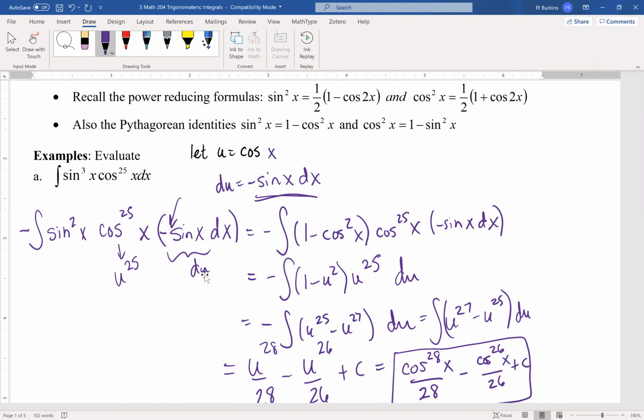I would do power reducing. Okay. Any other people want to chime in? Pythagorean. All right. Somebody want to break the tie here? I think Pythagorean as well.